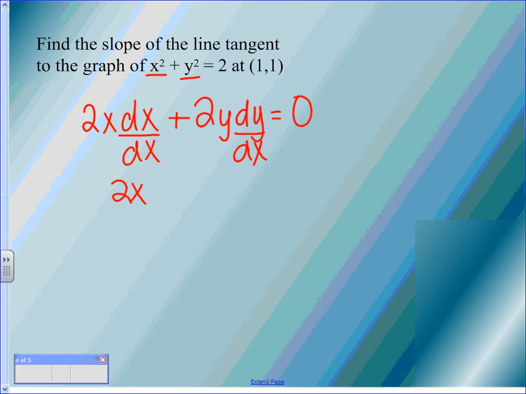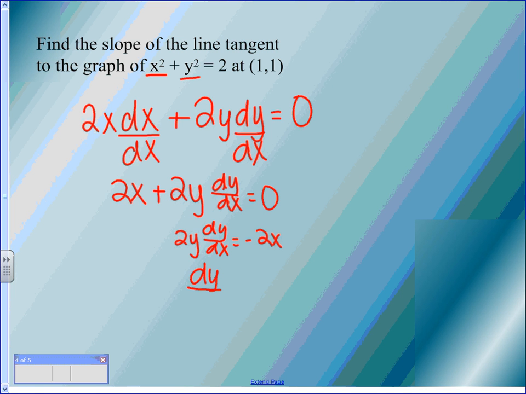And so you have 2x plus 2y dy over dx equals 0. Does that make sense? So now what do we do? And so what is dy over dx equal? Negative x over y. Does that make sense?